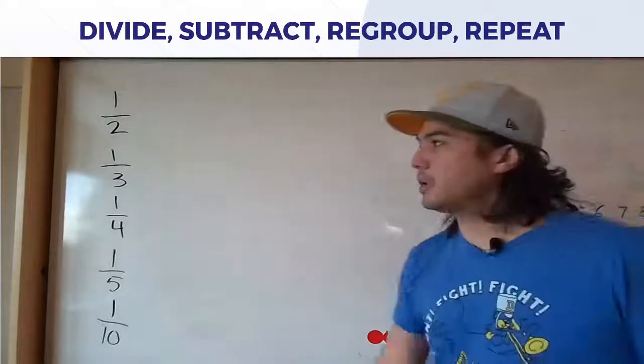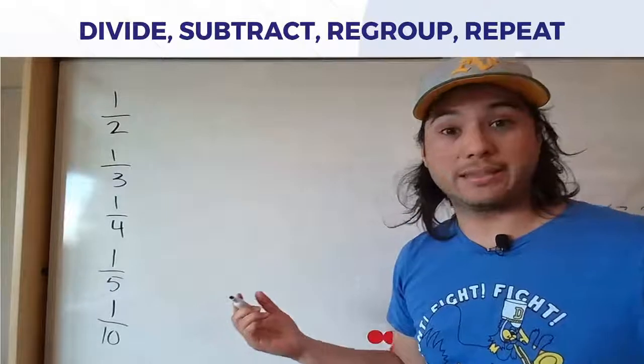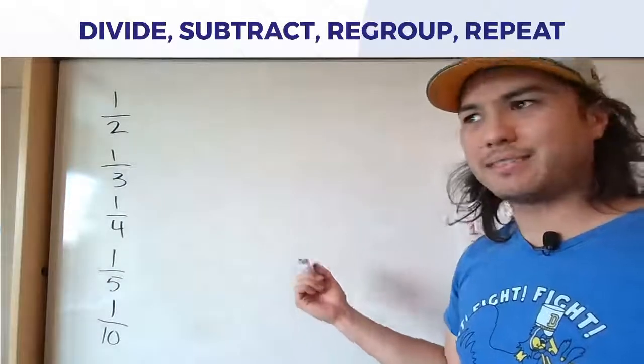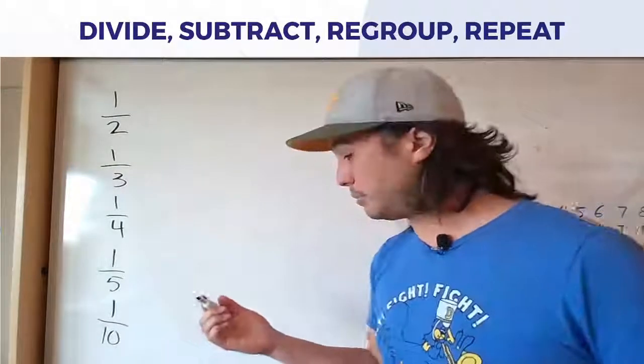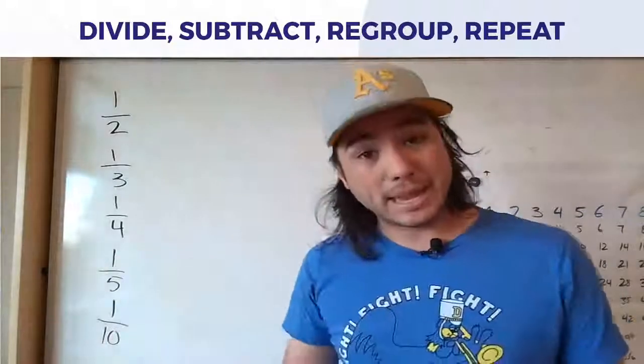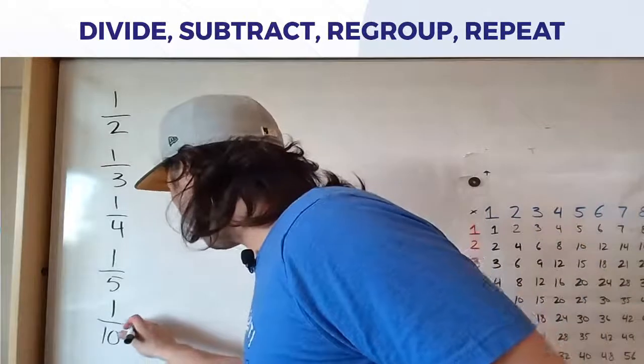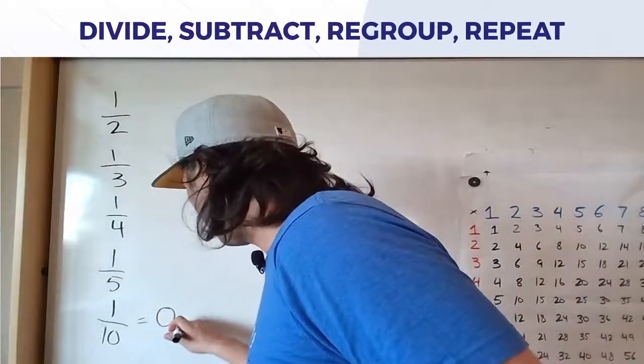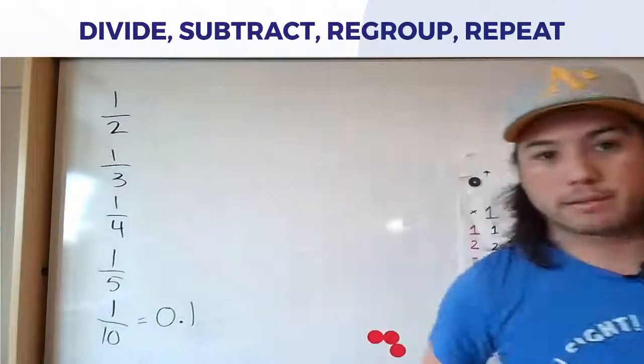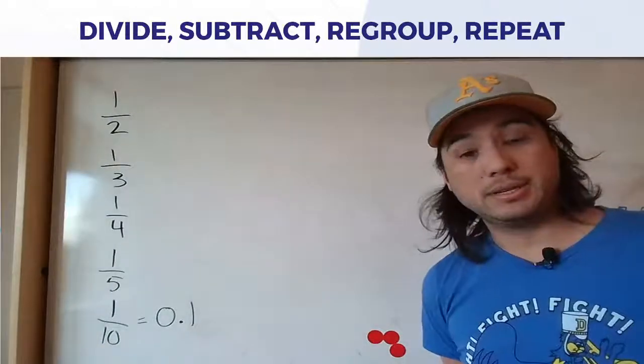All right, we're going to start down here at the bottom with tenths. Why? Because tenths are the most simple fraction to decimal conversion, because we have a tenths place in our place value system. 1/10 equals 0.1. Ta-da! Easy peasy lemon squeezy.